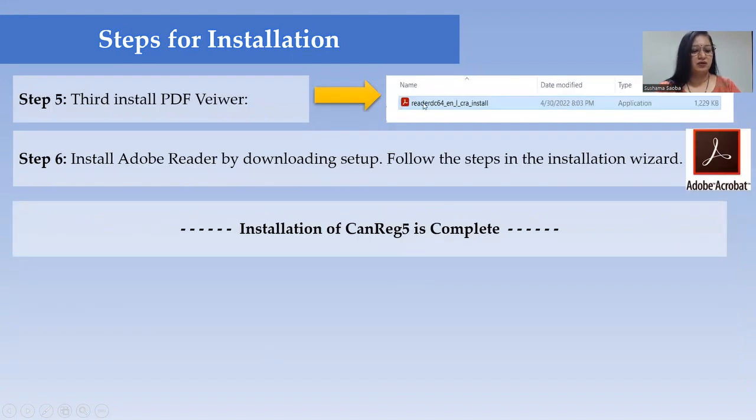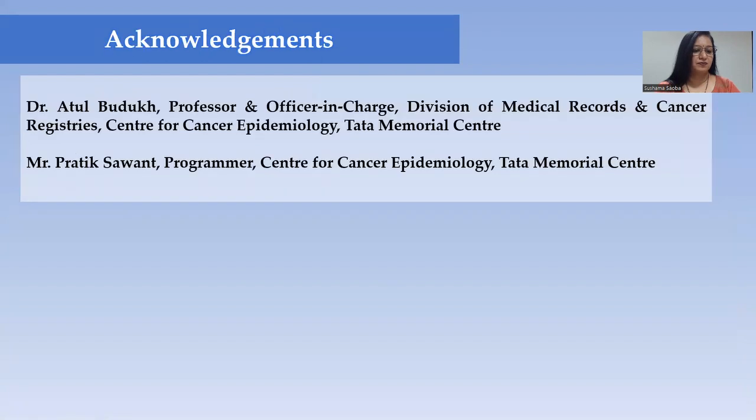Since I already had the PDF viewer, Adobe Acrobat, I have not installed PDF viewer. But if you do not have this, you can double click and use the steps in the installation wizard for completion. Now, this completes our CanReg5 installation.